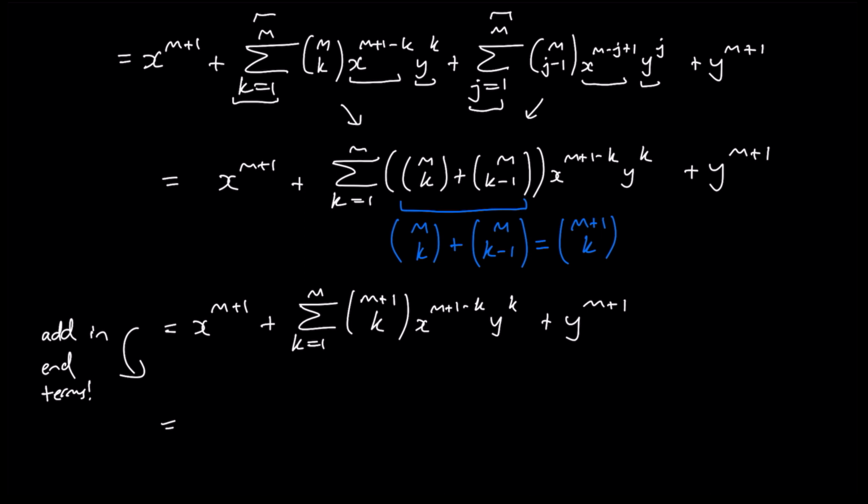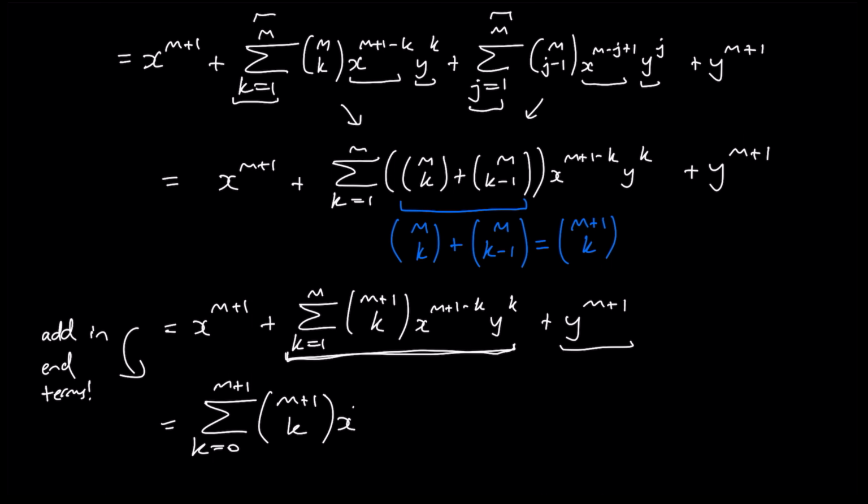Because, of course, x to the m plus 1 is the same thing as this sum but with k equals 0, and this y to the m plus 1 term is the same as this sum if I went up to m plus 1 instead of m. So this is the same thing as the sum from k equals 0 to m plus 1 of m plus 1 choose k, x to the m plus 1 minus k, y to the k. And that is what I wanted to prove for my induction.